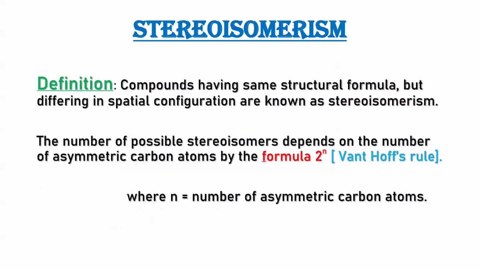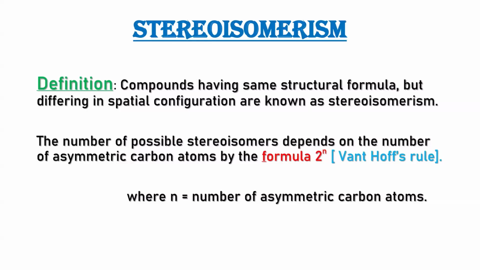So now, stereoisomerism. What is stereoisomerism? Stereoisomers are compounds having the same structural formula but different in spatial configuration. Spatial configuration just means spatial orientation. The compounds are the same, their structural formulas are also the same, but they differ in the orientation of a particular group.